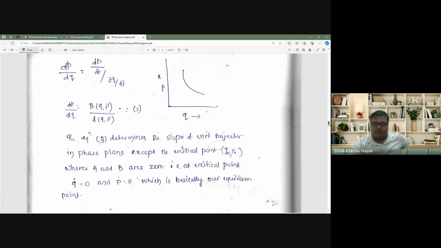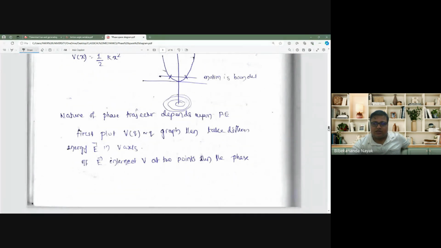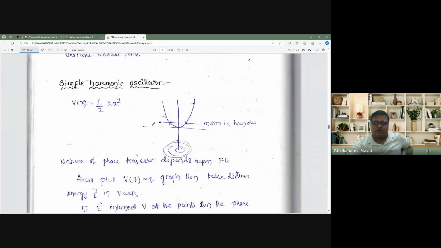All the other things are written. See, for example, the simple harmonic oscillator. For the simple harmonic oscillator, the potential is half kx square. At equilibrium, del V by del x is equal to 0. What is the equilibrium point?